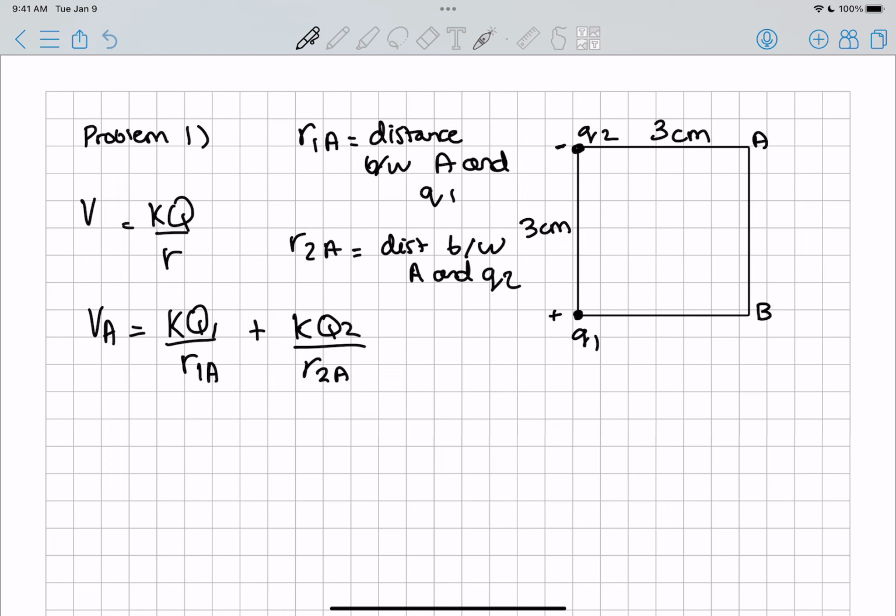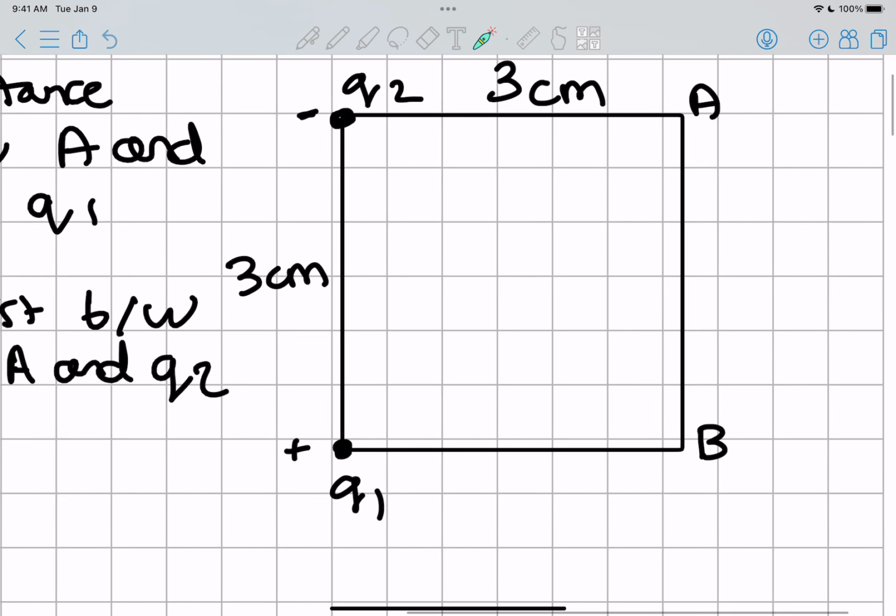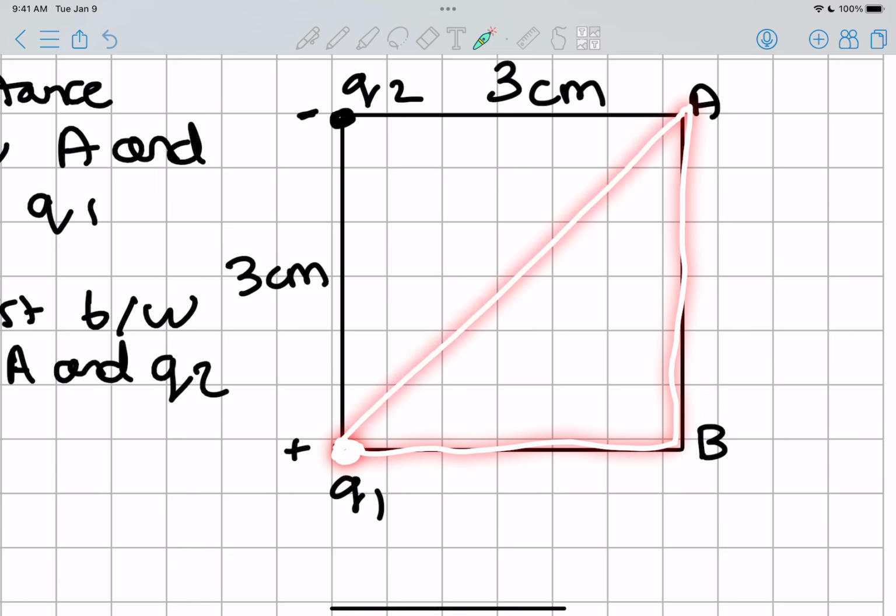The distance we're talking about is the direct distance along the axis between those two points. So here's Q2, here's point A. That's the shortest distance between them, and that distance is 3 centimeters. However, for Q1, there's a distance here and a distance there to get to point A. We want the shortest distance, the direct distance between them, which is this hypotenuse here.